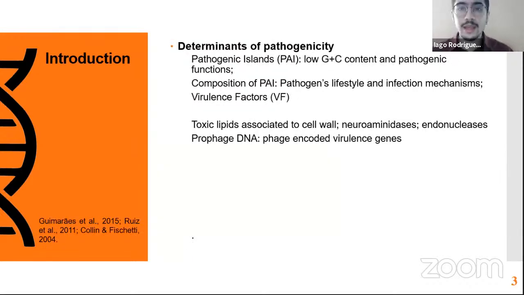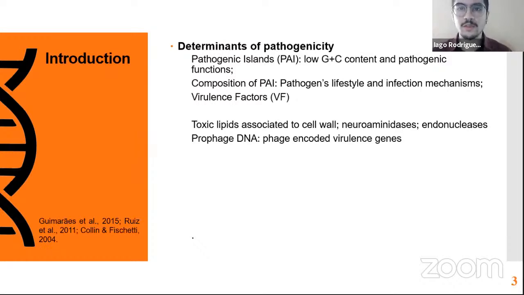Continuing, in order to identify the determinants for pathogenicity, some genetic factors should be pointed out, as for example the pathogenicity islands, or PI, which are genomic regions with considerably low GC content and also potential pathogenic functions.